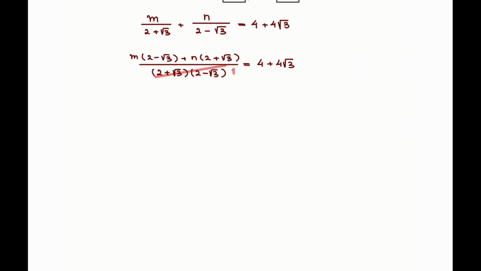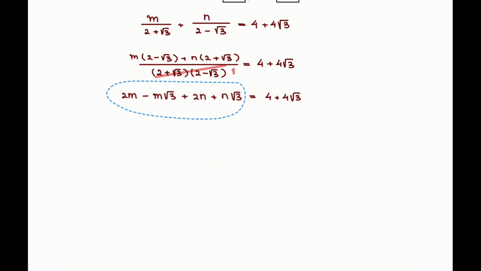And I can cross multiply it to the right hand side. 1 times this expression, of course, equals 4 plus 4 square root of 3. And then for the left hand side, I will expand it first. So I will get 2m minus m square root of 3 plus 2n plus n square root of 3.